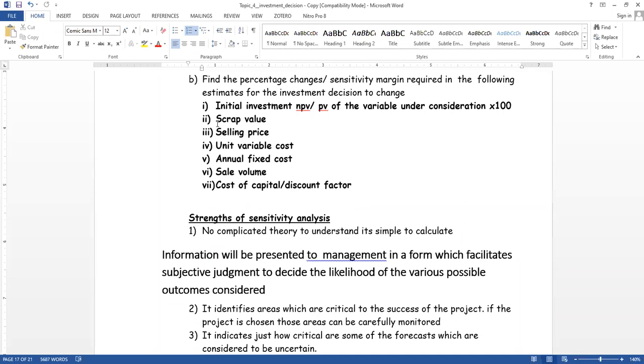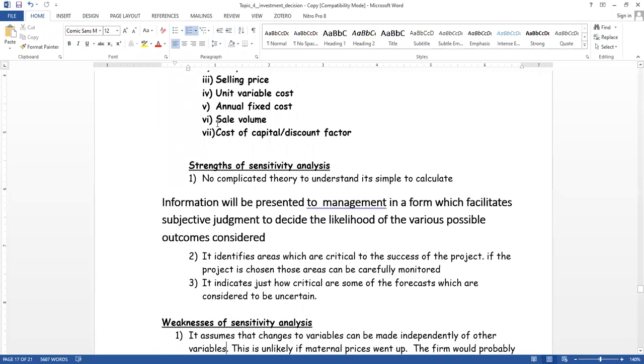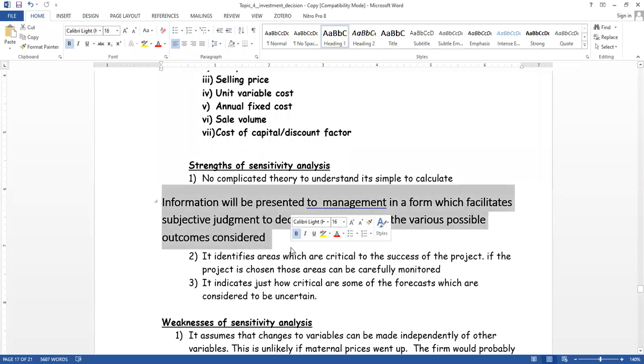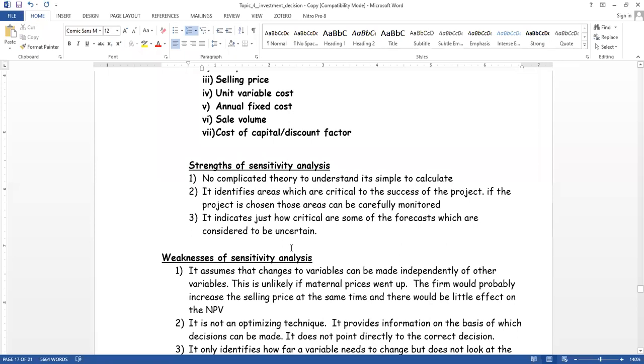And one of the advantages is that there is no complicated theory to understand. So it is very simple to calculate. You have seen calculating the NPV and then coming up with the sensitivity margin. Very easy.